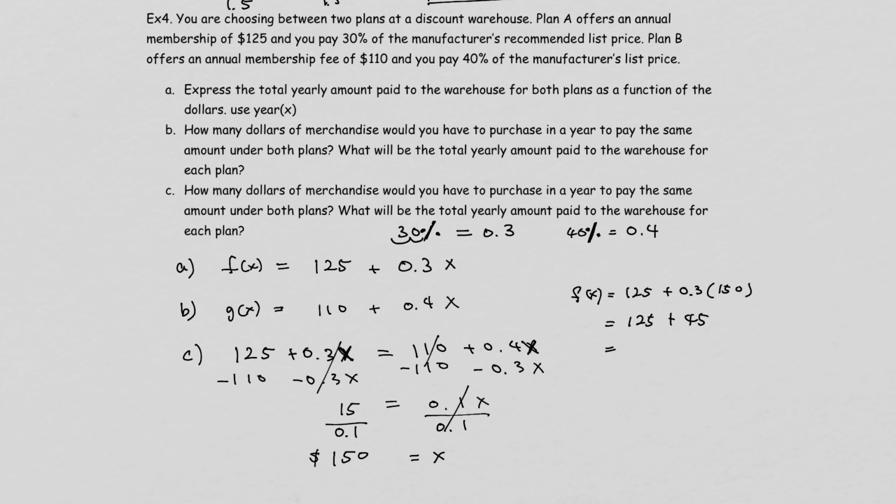So if you purchase $150 that year, the spending on each plan is going to be $170. And you don't really need to plug into g of x to figure that out, because remember, these amounts were equal to each other. So if you put it into g of x, which is 110 plus 0.4 times 150, you will get the same amount.